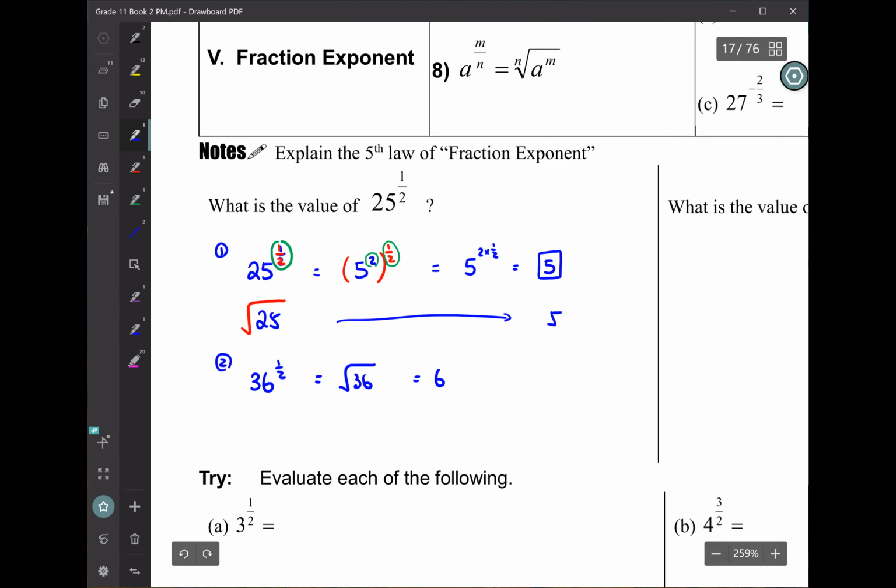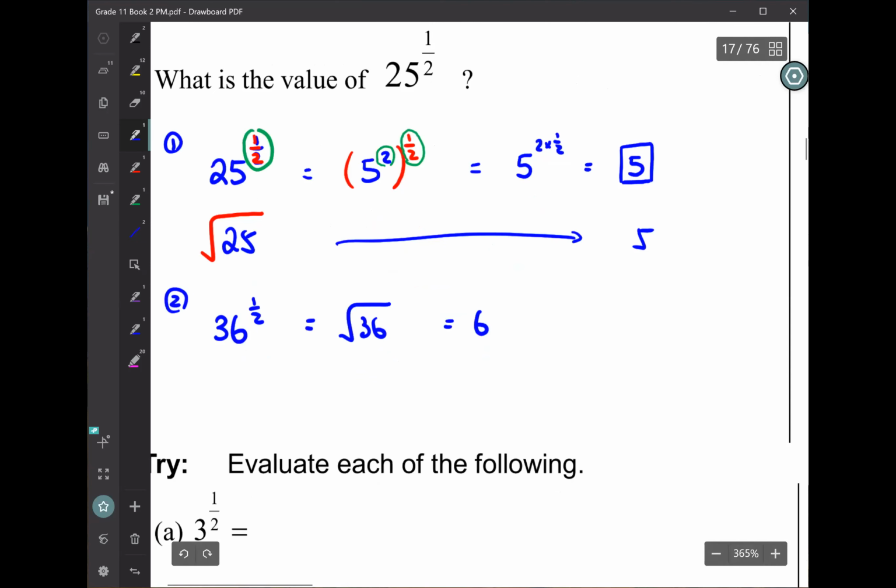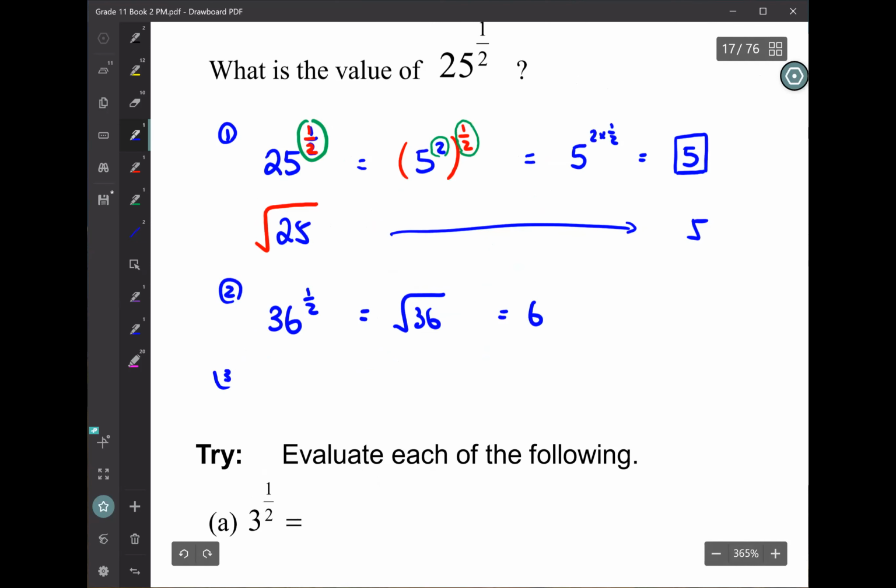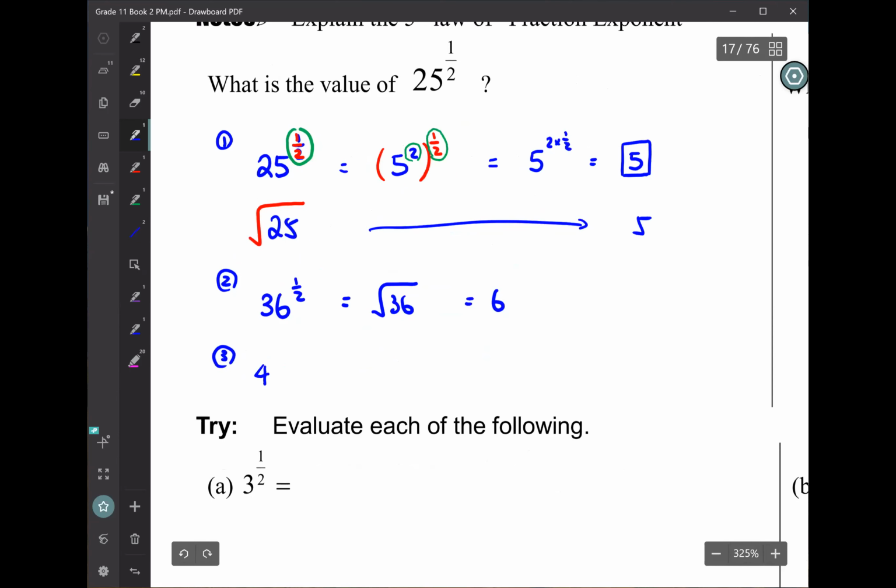Also, if you see decimals, let's say 49 to the negative 0.5. How do I do 49 to the negative 0.5? Marcus, what do you think?